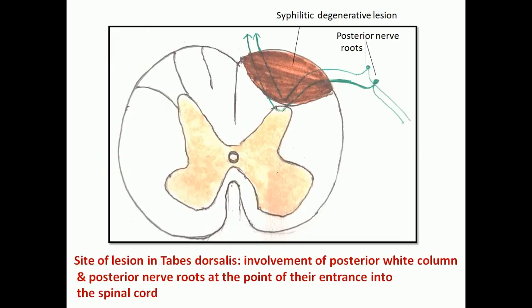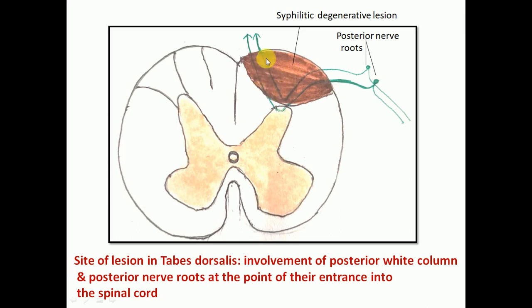Next to this is tabes dorsalis. The site of the lesion is the posterior nerve roots, and the posterior white column can be involved. Here a degenerative lesion occurs in syphilitic patients, particularly in the posterior white column and posterior nerve roots. So what signs and symptoms occur?